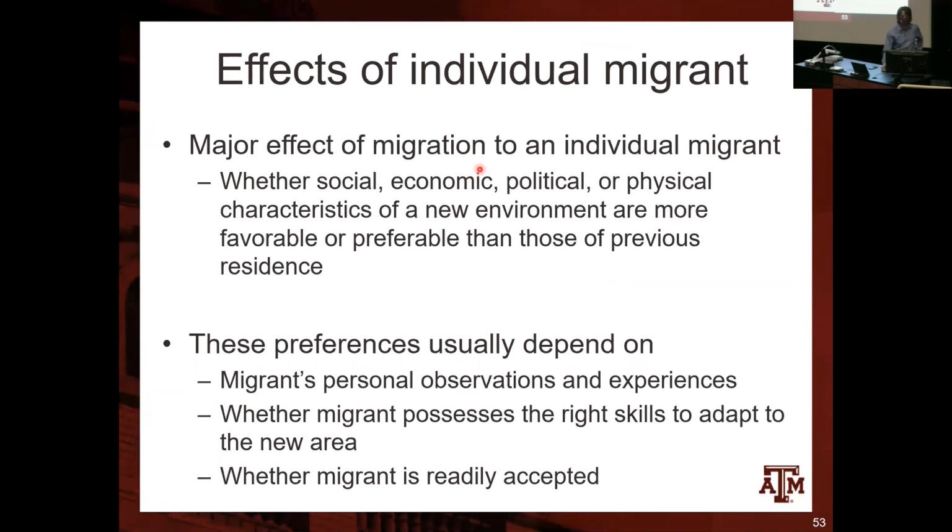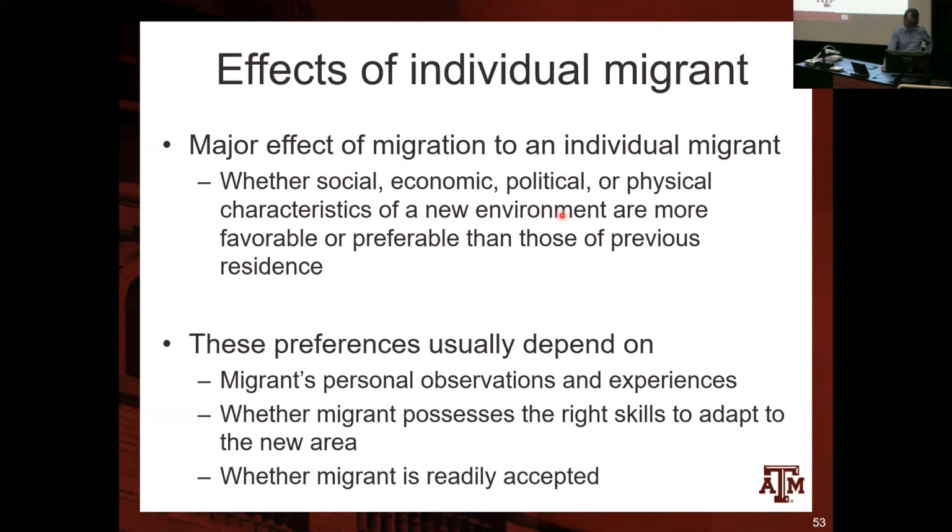A major effect of migration to an individual migrant is whether the social, economic, political, or physical characteristics of a new environment are more favorable or preferable than those of the previous residence. So what are the reasons why a specific individual migrant moves?